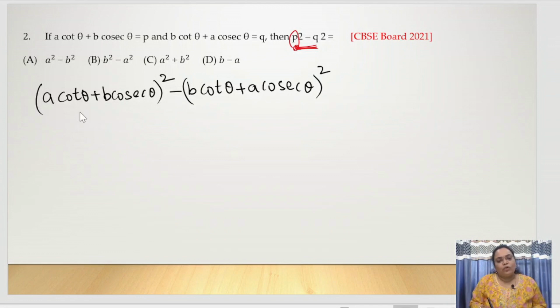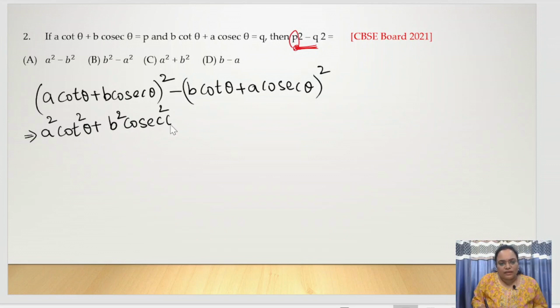This is in the form of A plus B whole square, which is A square plus 2AB plus B square. So, which is A square cot square theta plus B square cosecant square theta plus 2AB cot theta cosecant theta.